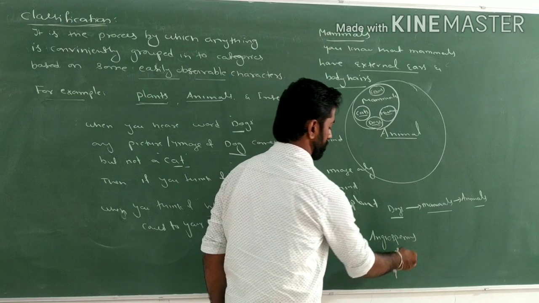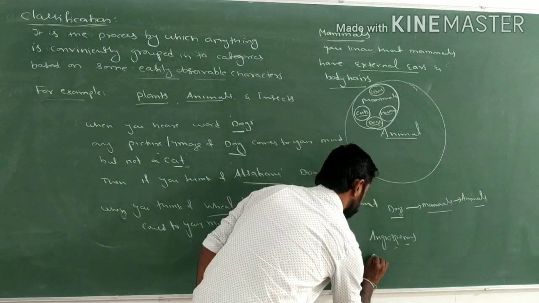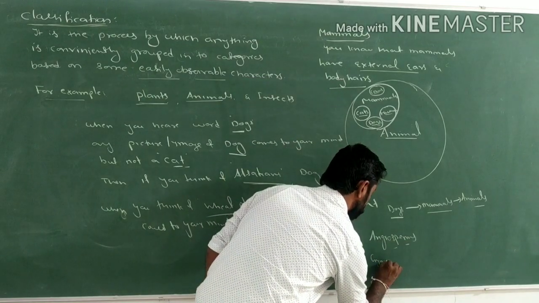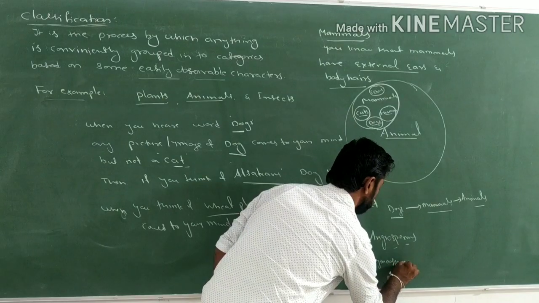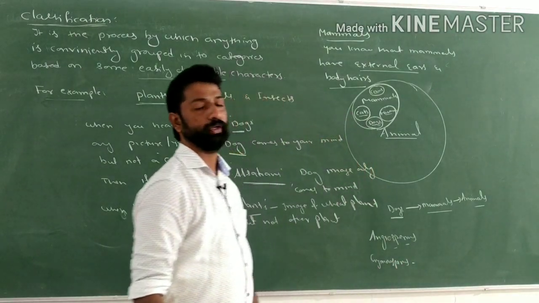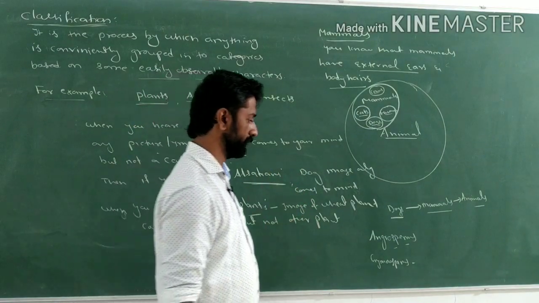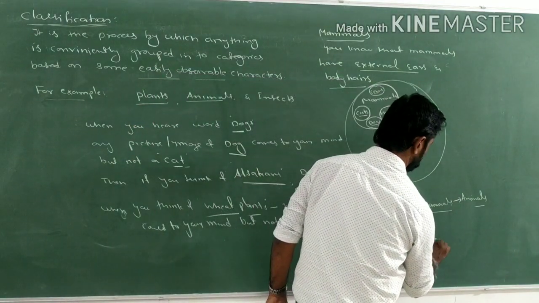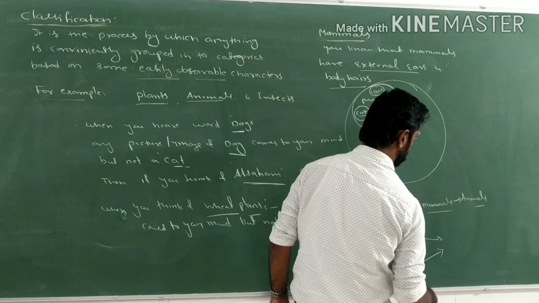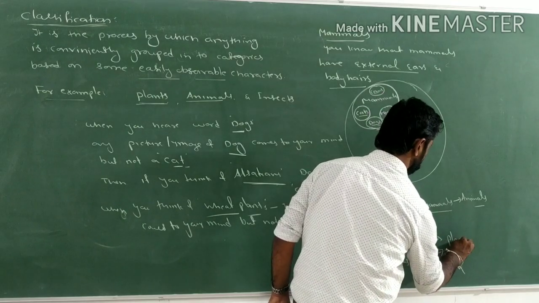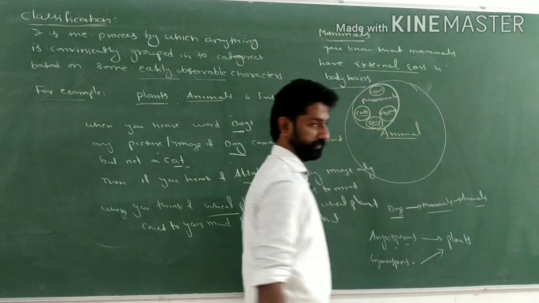Those are called angiosperms. Next, other plants called gymnosperms, which produce naked seeds, means without the seed cover or seed coat. So both belong to the higher category, plants only. All of them are plants only.